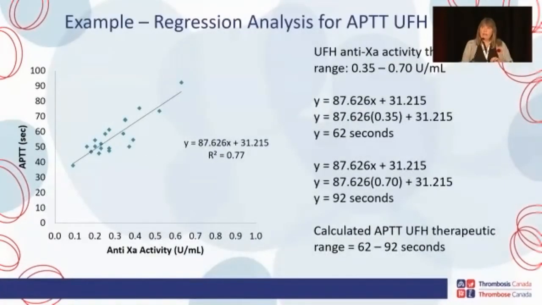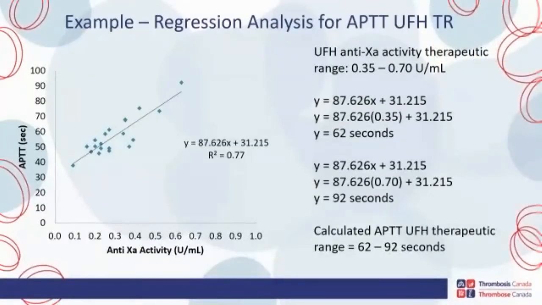So on the left of this slide, the anti-10A level is on your x-axis, and the PTT that we get is on your y-axis. And it's just a simple regression analysis that the person calculating the unfractionated heparin therapeutic range does.